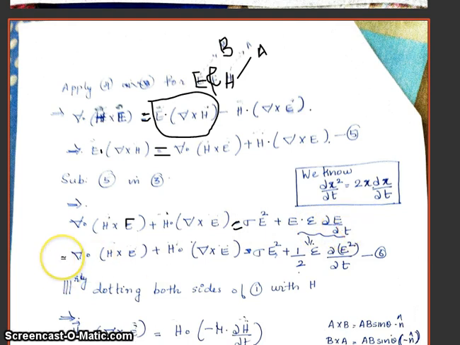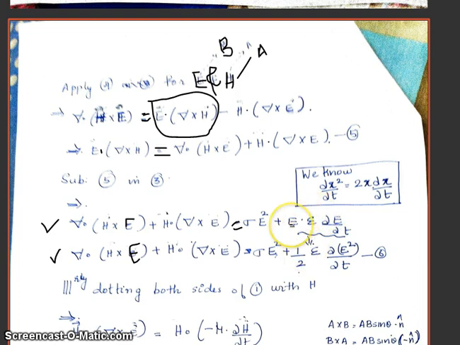which I am further rewriting as del dot H cross E plus H dot del cross E is equal to sigma E square plus half epsilon dou E square by dou T. When we compare this equation with the previous one, all terms except the last term are the same.